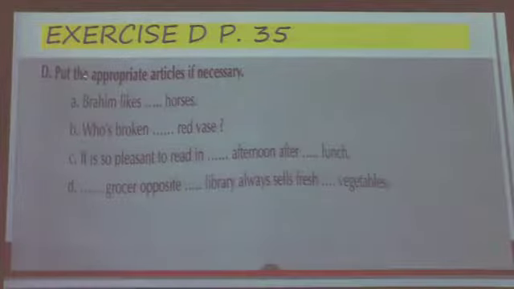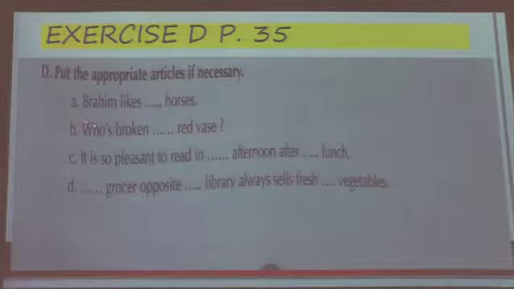The first one, A, Brahim likes horses. So pay attention here. Horses is in the plural form, which means that we can't use here a or an, because these two articles we put before singular nouns, okay? So there's no way to put an indefinite article before a plural noun.